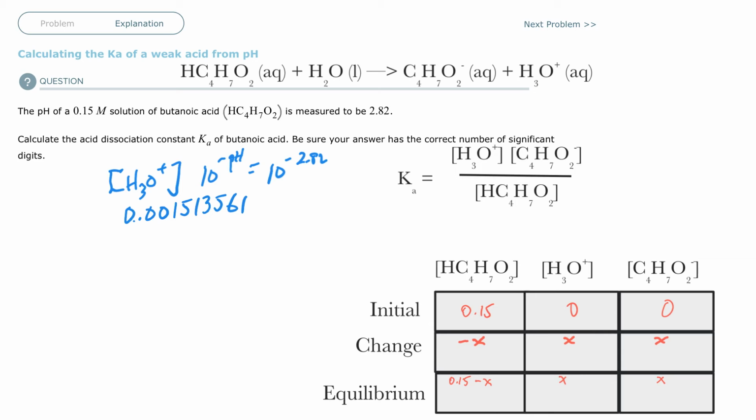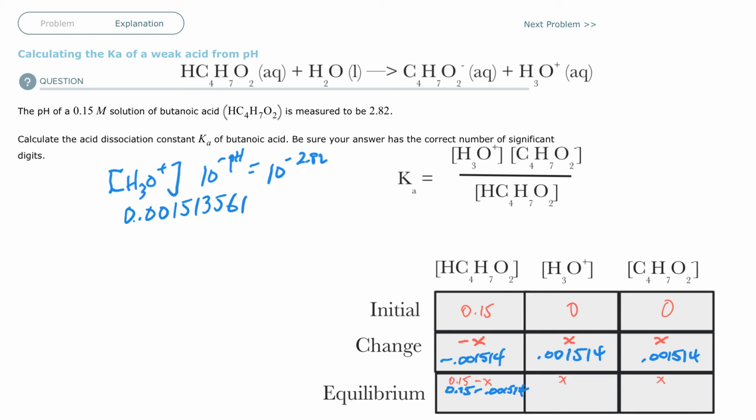So this is going to be 0.001514, negative 0.001514. All right, so for the butanoic acid this is going to be 0.15 minus 0.001514.